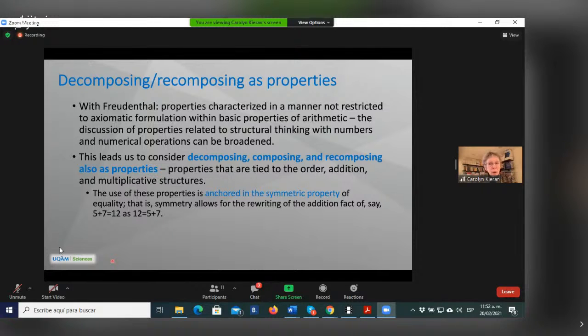The use of these properties is anchored in the symmetric property of equality. That is, symmetry allows for the rewriting of the addition fact of, say, 5 plus 7 equals 12, as 12 equals 5 plus 7. In other words, 5 plus 7 can be composed into 12, and 12 decomposed into 5 plus 7, or any of its other combinations.